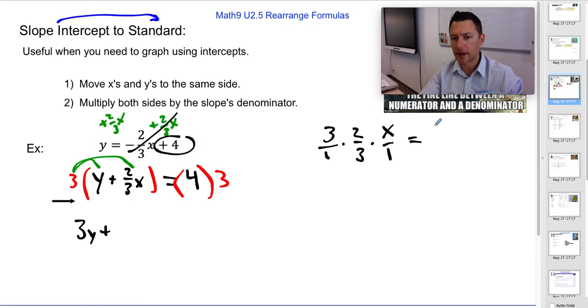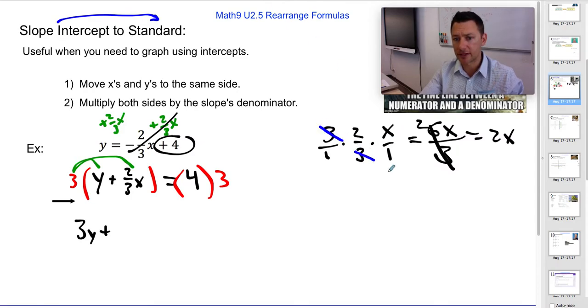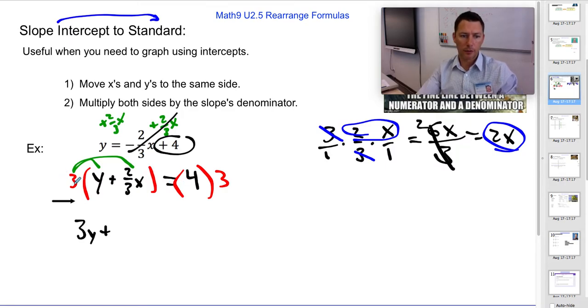If you multiply everything on top, you get 3 times 2, you get 6x over 3, and these cancel out, and you're left with 2x, right? You can do that earlier and just simplify by slashing those. So 3 times 2x over 3, these 3's cancel, and you're just left with the 2x. And on the other side, you're left with 12.